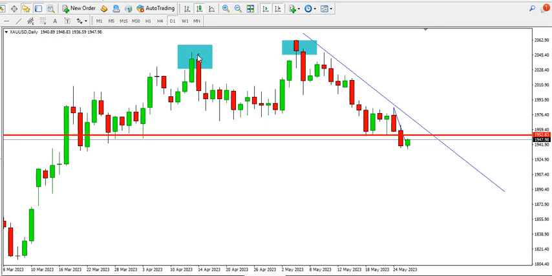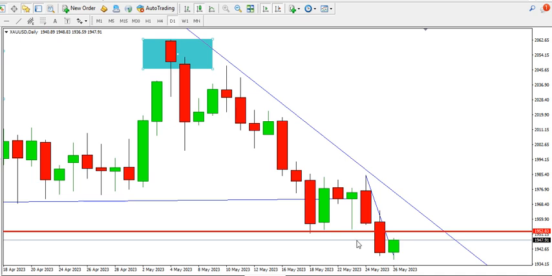Okay, and we can see on the daily time frame these two tops. Okay, and another fact is the fact that the neckline has been broken, and you can see something like a range around here, and we had a range breakout yesterday.